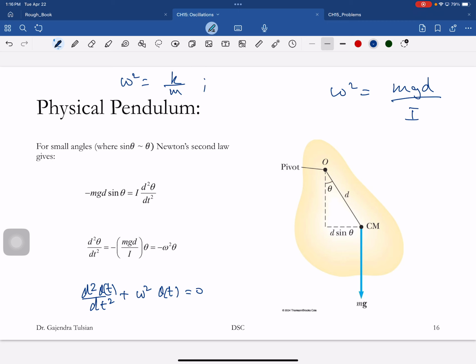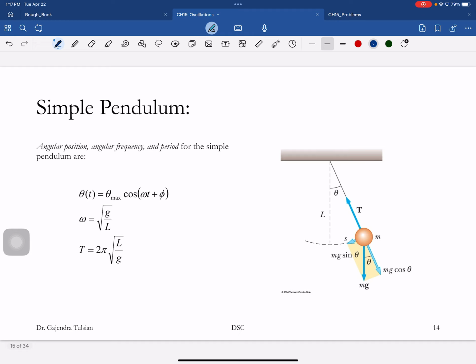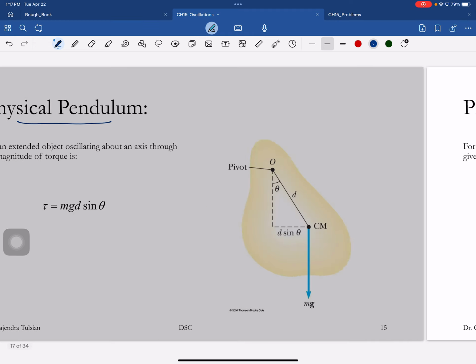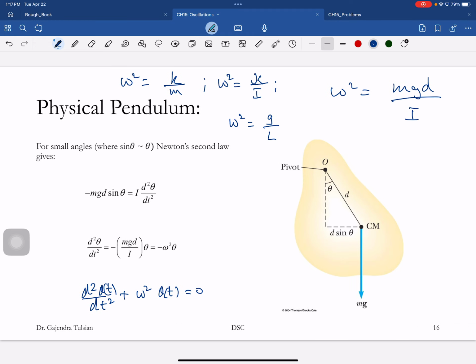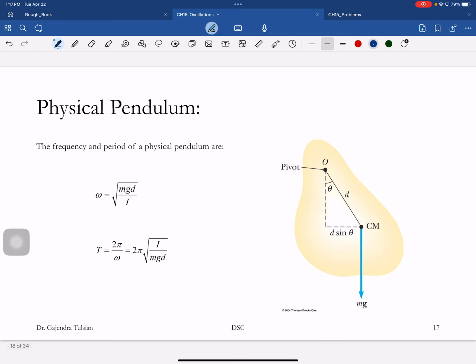For the torsional pendulum, omega squared was kappa over I. For the simple pendulum, it was g over L. And here it is for the physical pendulum. Again, the period is 2 pi times the square root of I over mgd.